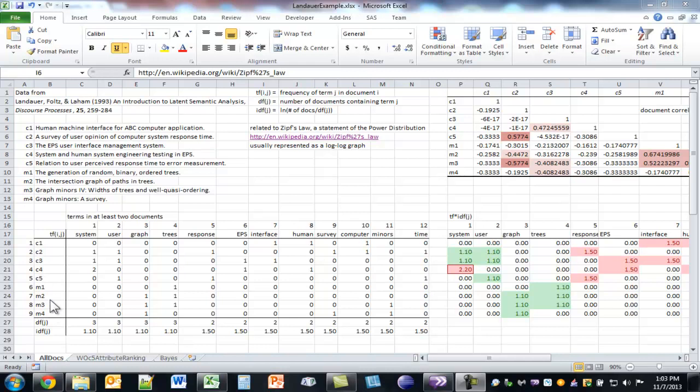And so you have a bunch of documents, and then you take words from these documents and make a column for each word, and the content of the term document matrix contains the number of times a word appears in a document. So for instance, system appears once in document C2, C3, and twice in C4.